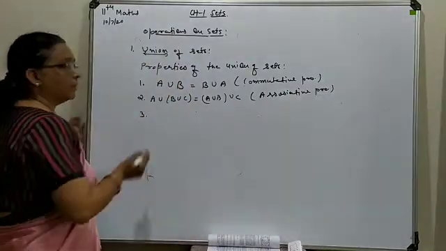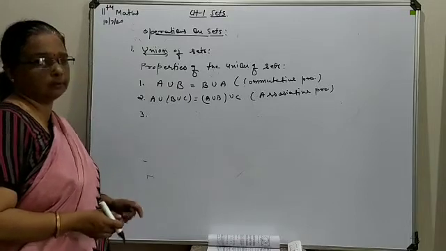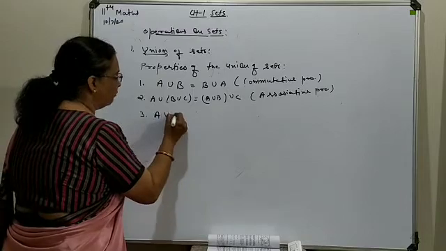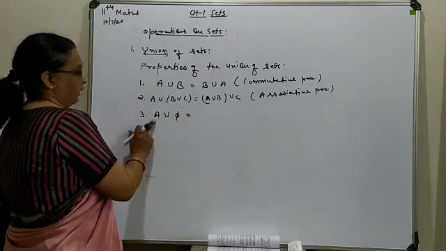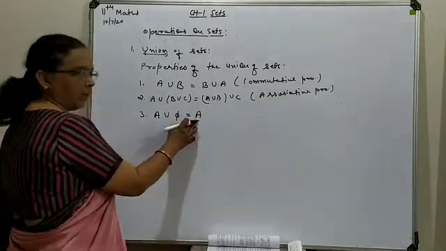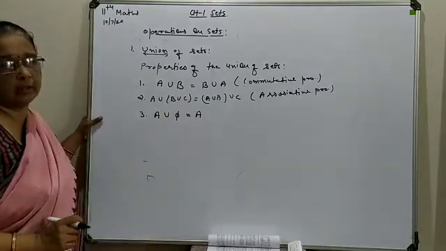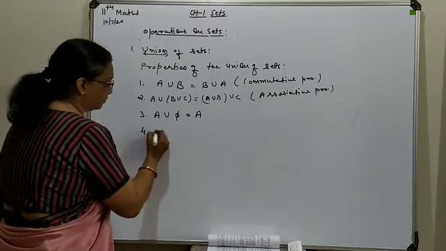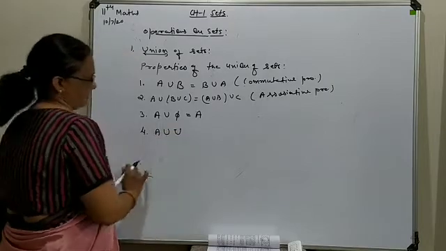Now next is a basic rule regarding the null set or the universal set. If you write A union with a null set, meaning you add nothing to A, obviously your answer will come out as A only. Sometimes we have to use this property while attending theoretical questions. Next, A union with the universal set.